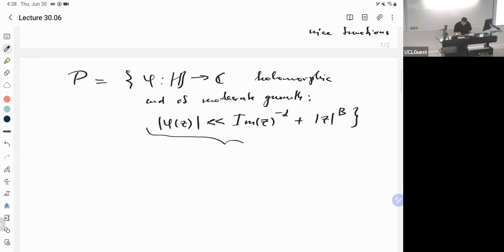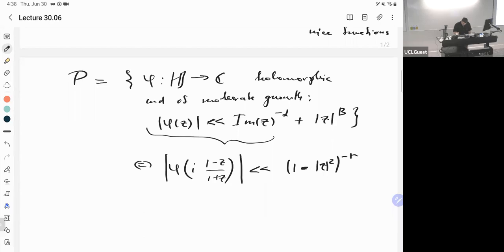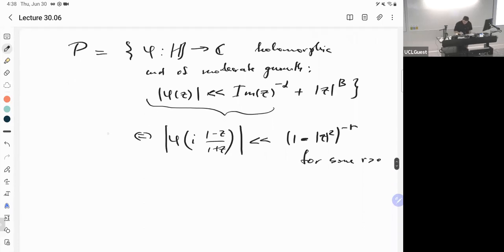This condition is equivalent to the following: if we map the upper half plane conformally onto the unit disk, with the inverse map from the unit disk to the upper half plane, the condition becomes similar to the definition of Bergman spaces. So you want some bound on how the function grows towards the boundary of the disk. This is just an aside.